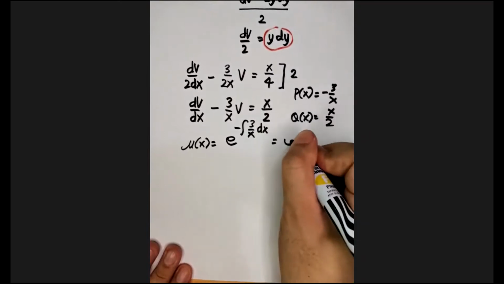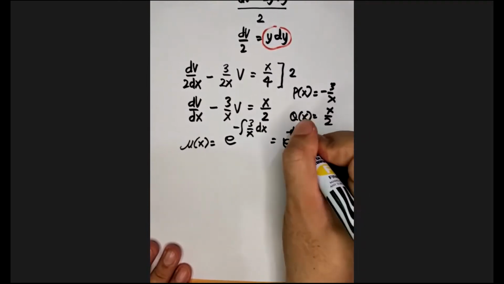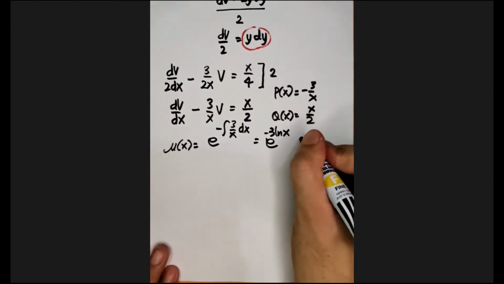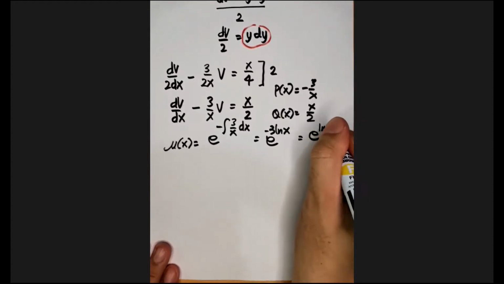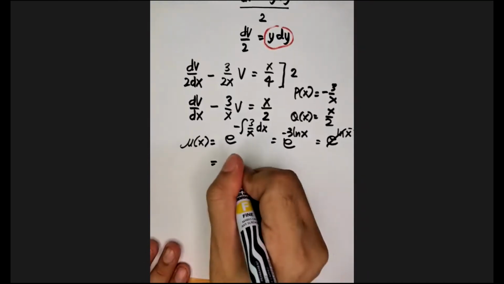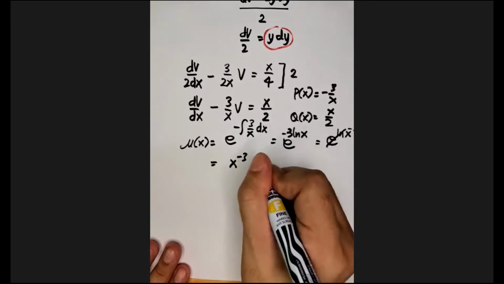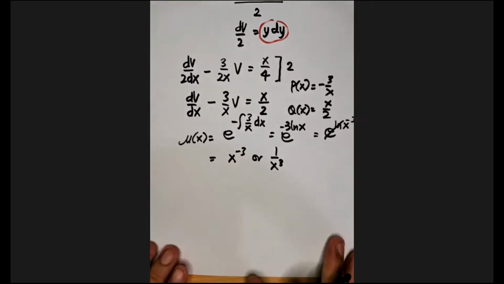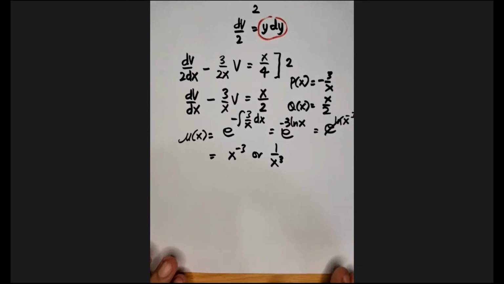And that's equal to e raised to negative 3 ln of x. Or that's equal to e raised to ln of x raised to negative 3. So we can cancel that. So we'll have x raised to negative 3 or 1 over x cubed. Okay, 1 over x cubed.